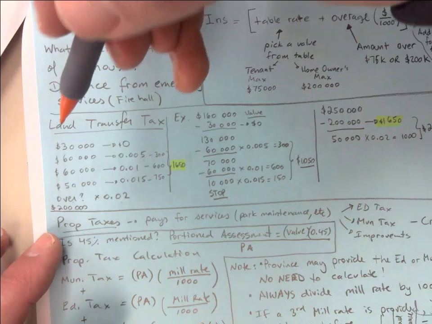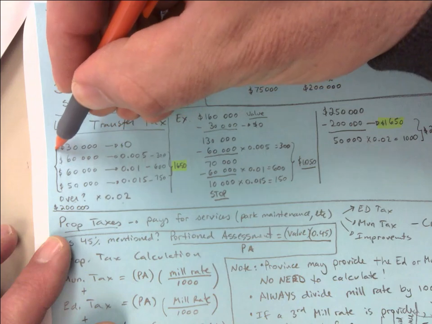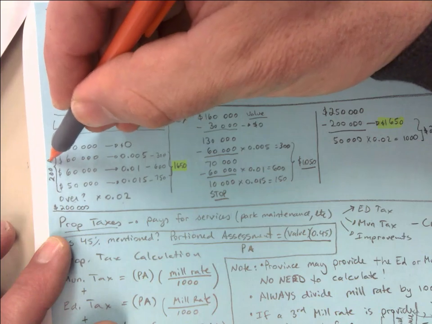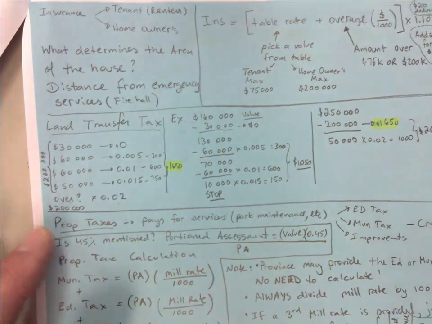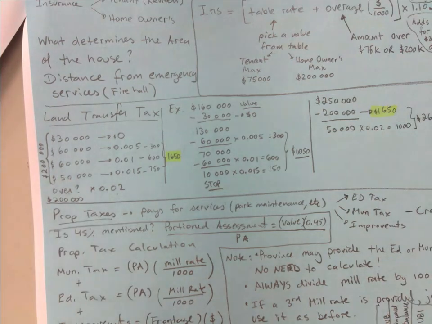What I'm going to do is show you that this part right here is 200,000. If you've been adding to your study sheet the way I have, I would make a note that these 4 numbers make up the first $200,000 of the value of your property. That's it for now.